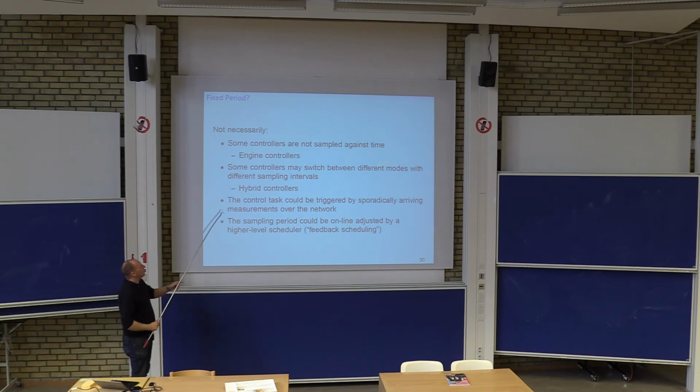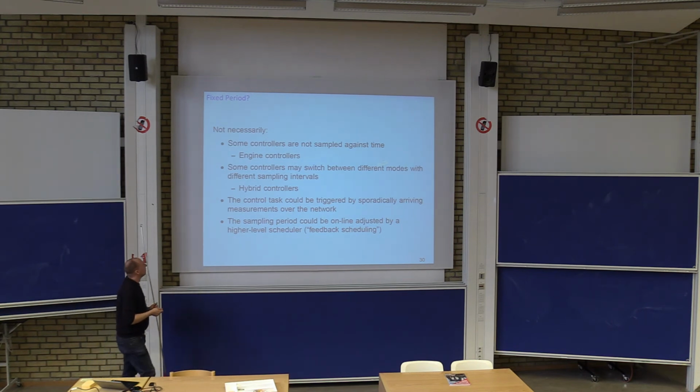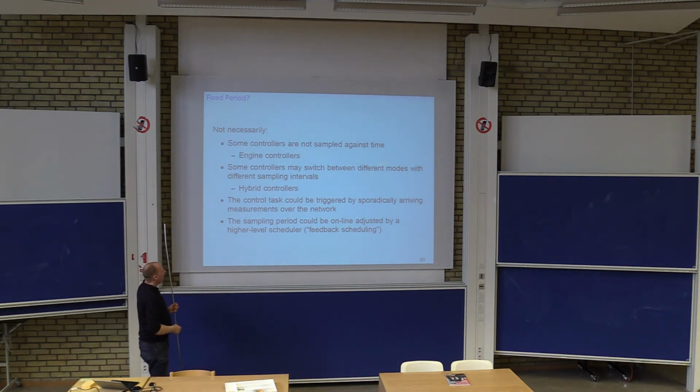You could have different modes in your controllers. You could have hybrid controllers, where you switch between different modes depending on state conditions, etc. You could have control tasks that are triggered sporadically by sporadically arriving measurements over the networks. And you could have control tasks that should be executed when a button is pressed, for example. The button is an externally generated event. You don't know when it will happen. You should just do something when it happens.